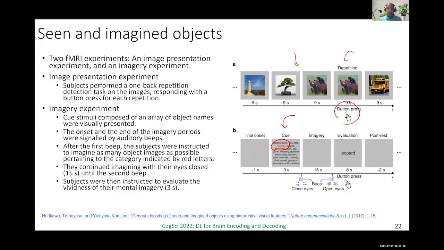After this experiment is done, they were also instructed to rate the vividness of their mental imagery. So in these 15 seconds, they imagine, and then they evaluate how vividly they could imagine, and then there is a rest, and then essentially the next one continues.